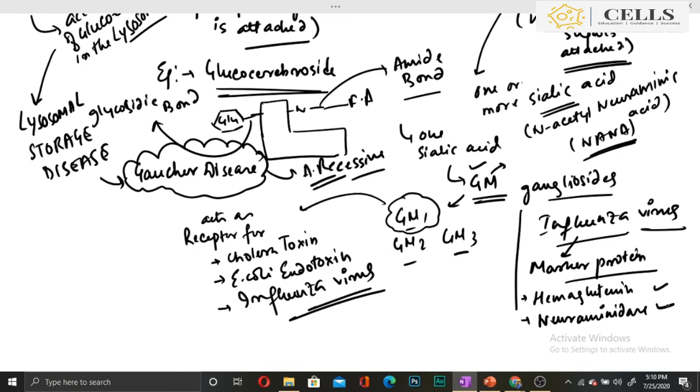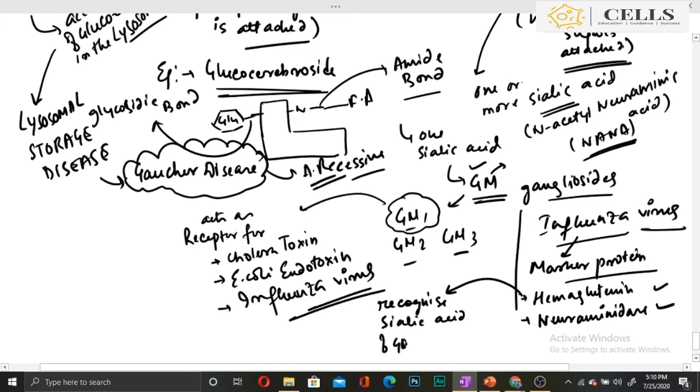Hemagglutinin actually recognizes the sialic acids of the gangliosides present in our membrane, and different cells have different kinds of gangliosides. Not all sialic acids will be recognized by the hemagglutinin. Specific sialic acids will be recognized which are present in specific cells.